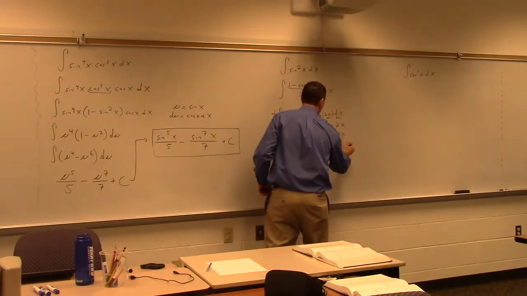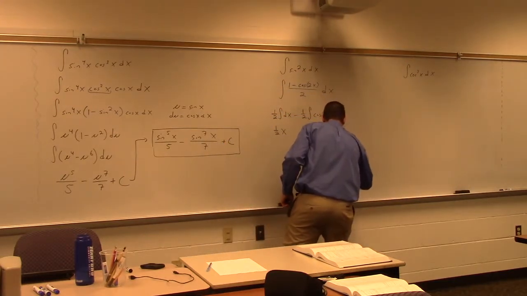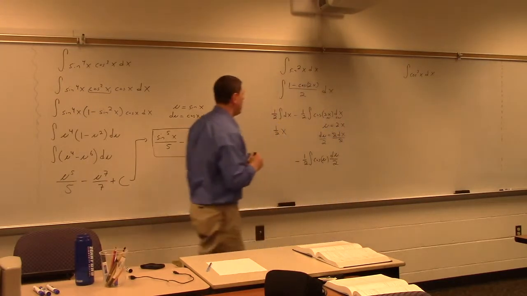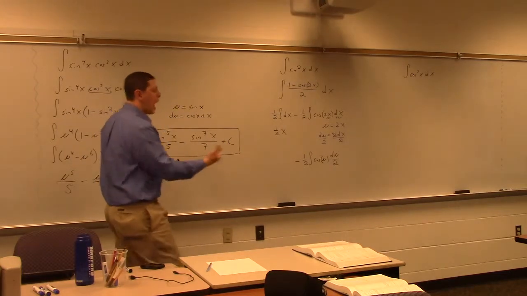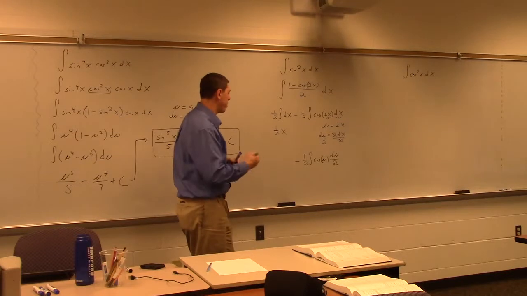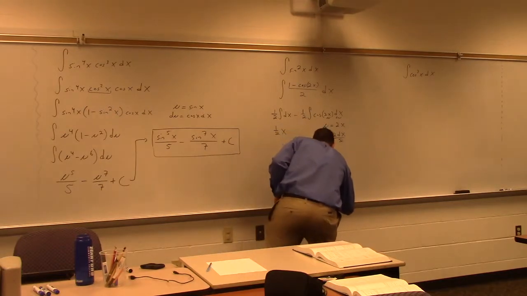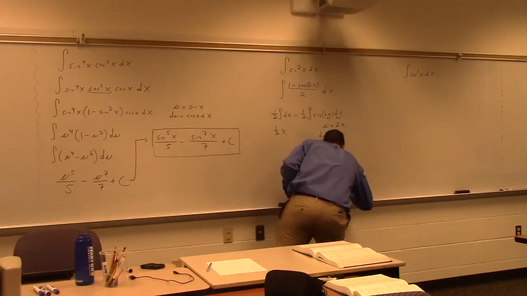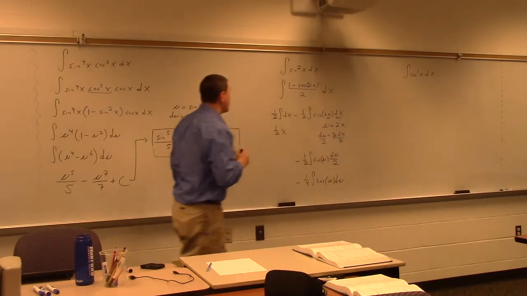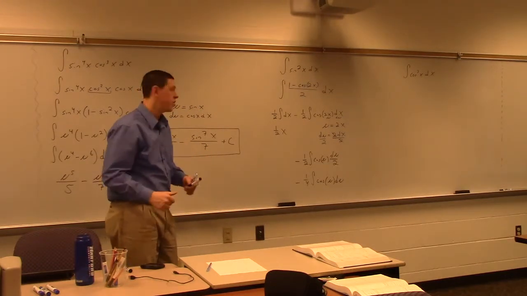Okay, so these 2's go away, and du over 2 is dx. I can factor out this 1/2, and I can get minus 1/4. So I get minus 1/4 integral cos u du. And now we finally start to see that this is valuable in maybe 2 or 3 more steps.